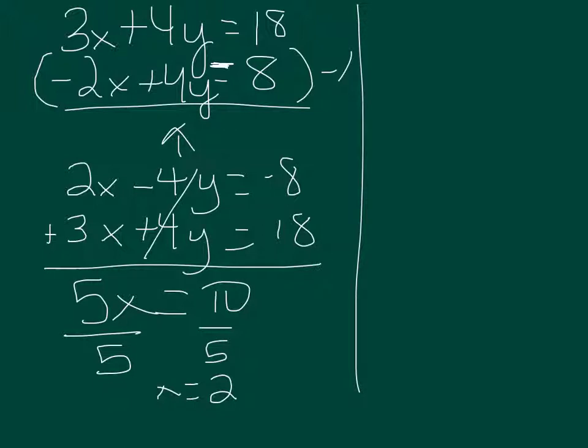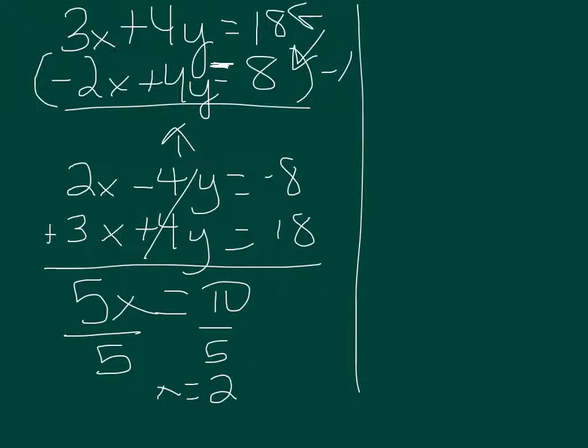So let's take a look at the other side. If x equals 2, what is y? I always go back to my original equations to substitute in and solve for the other variable. So since I used this one I had changed, I would go back to the original, my 3x.